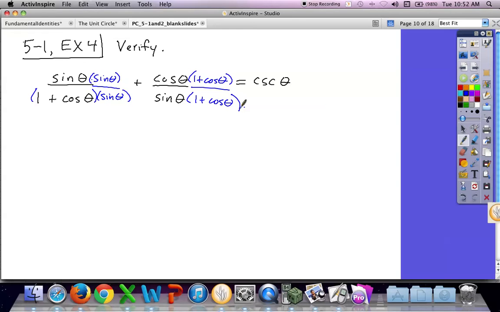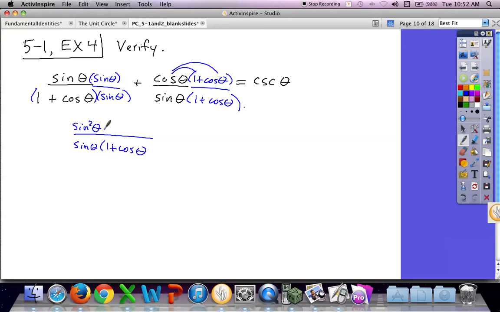Okay, now that they all have the same denominator, which is sine theta times 1 plus cosine theta, then we can add the numerators, right? And the numerators will be sine times sine, which is sine squared. Cosine times 1 plus cosine, you need to distribute, right?